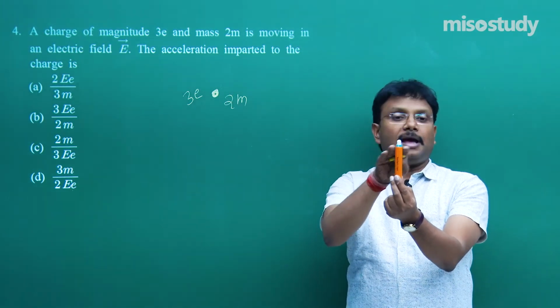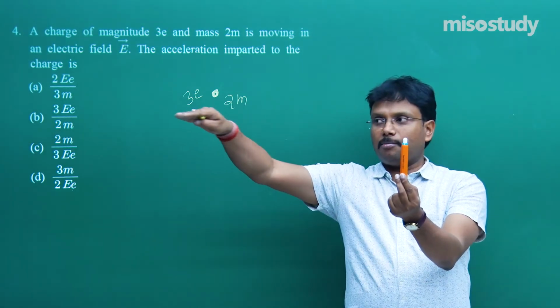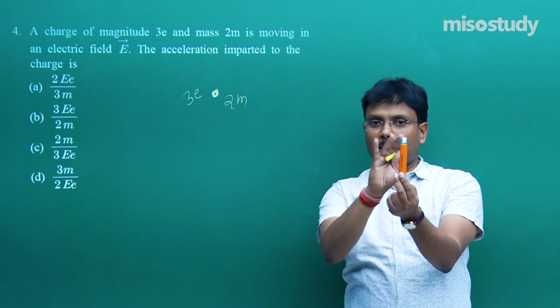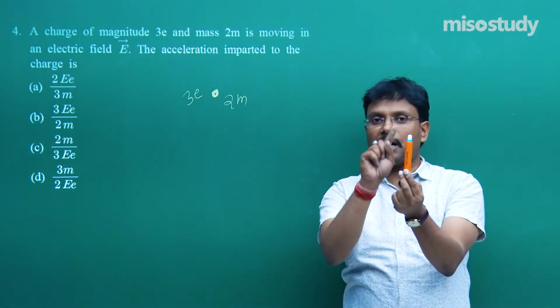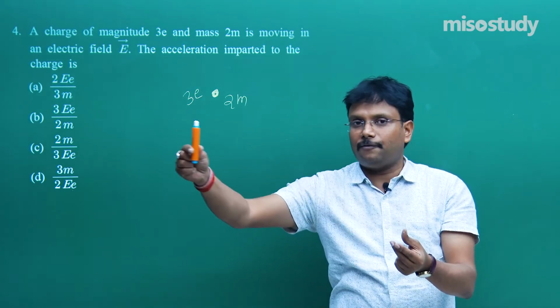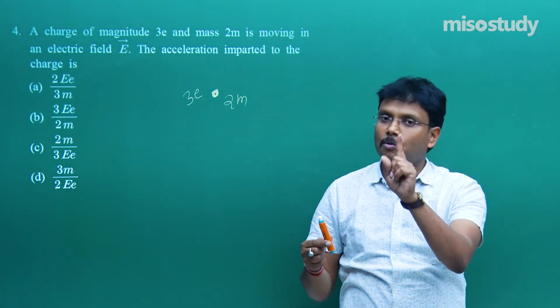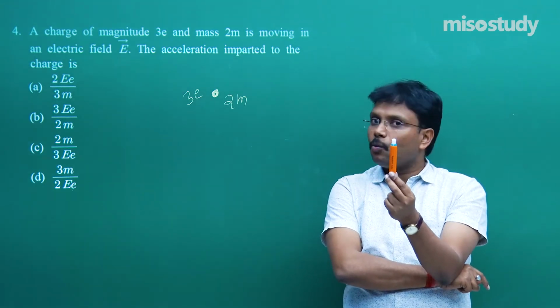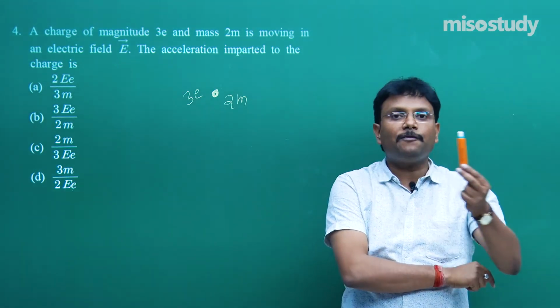Then let's say electric field lines are moving in this direction, to my right side. What will happen? This positive charge has the tendency to start accelerating along the field lines. Fact number 1. If it is a negative charge, what will it do? Reverse to the field lines.